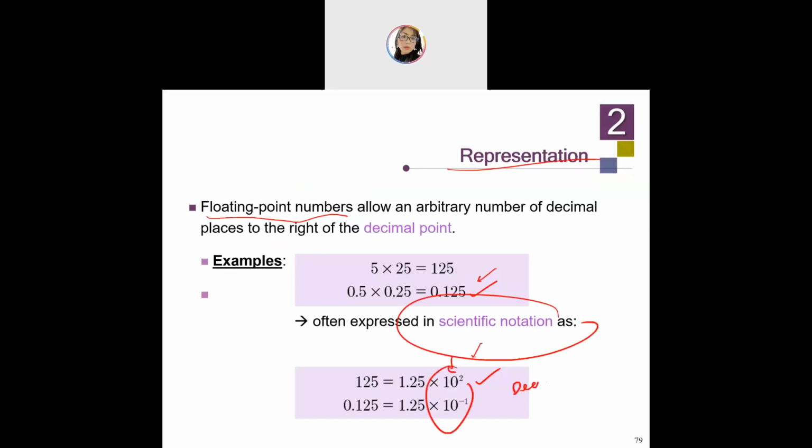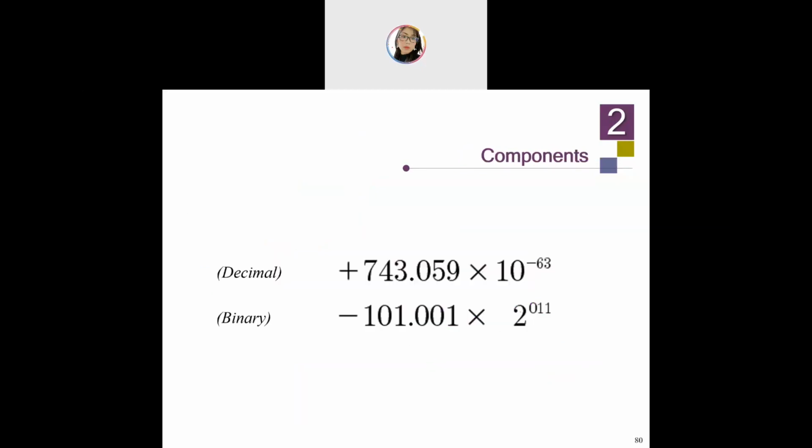This is decimal. If you multiply with 2, it means this is binary or base 2. In terms of integer, you might have 101 base 2. But in floating point, maybe you can have 0.001 times 2, which will also be base 2.